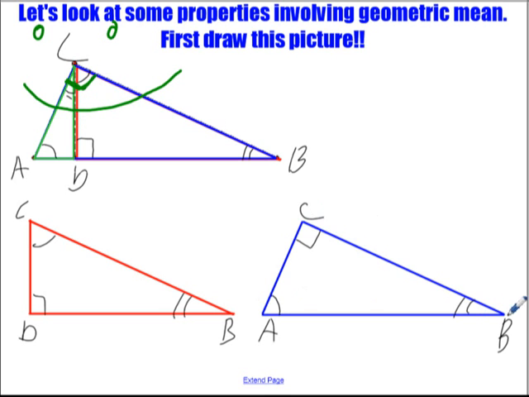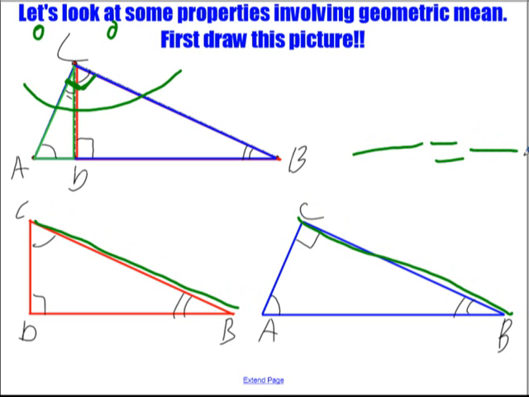Okay, so first I've isolated two triangles. I've isolated the big triangle ABC, the blue one, and the red triangle, the smaller one on the right, which is triangle CDB. And I notice that CB is the side that appears twice. So these are similar triangles, so I want to write a proportion that includes CB.